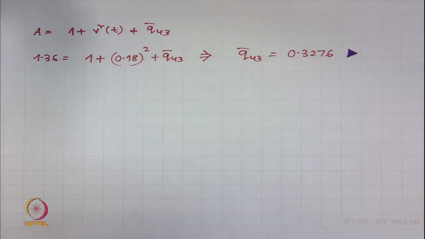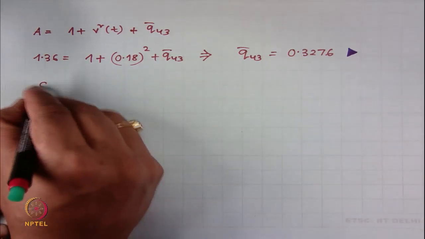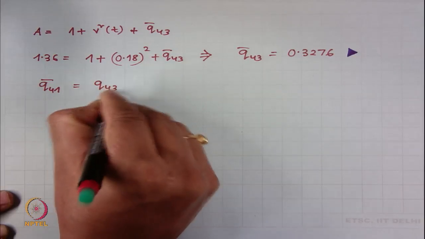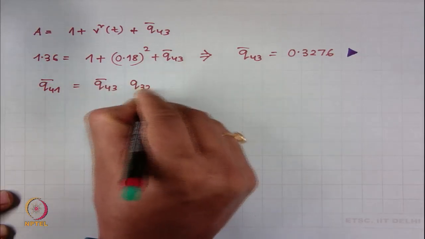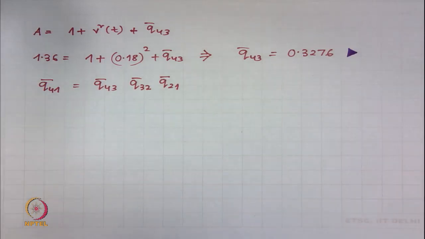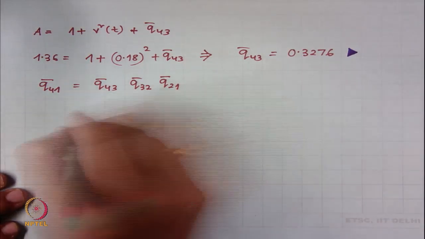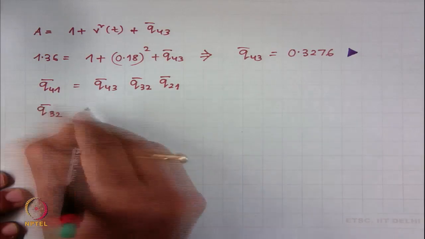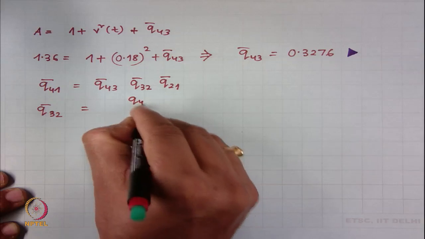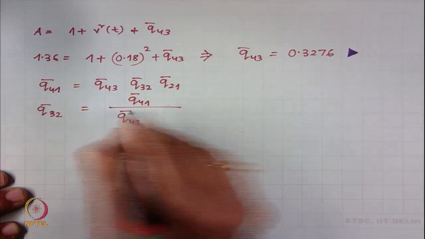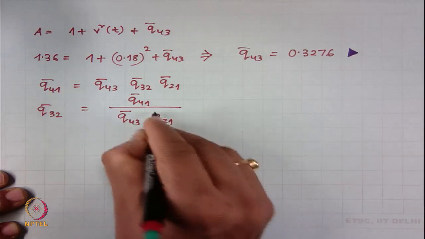Okay. Then we use this expression Q 43, Q 32, Q 21, then Q 32 will be equal to 41 divided by 43 21.